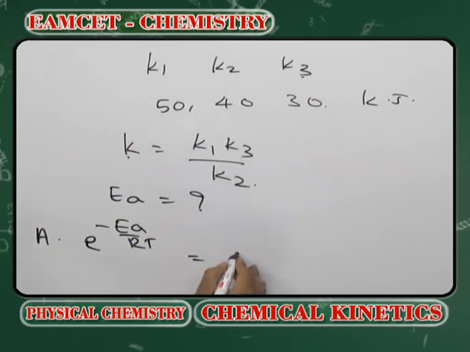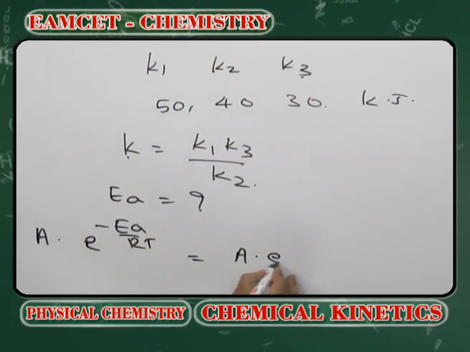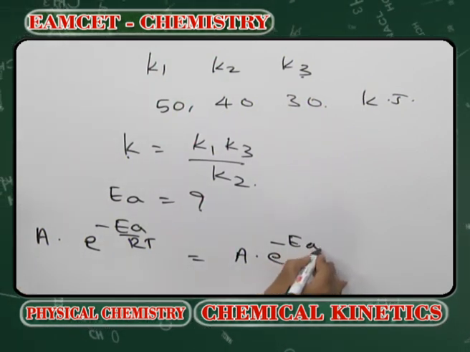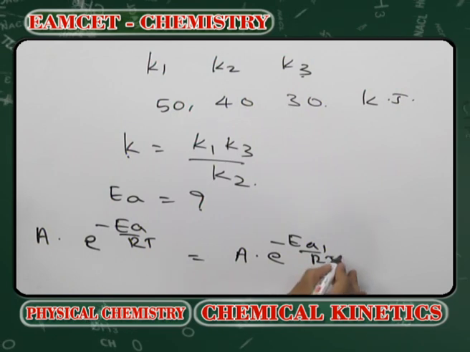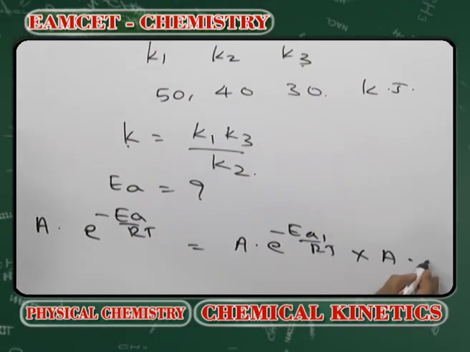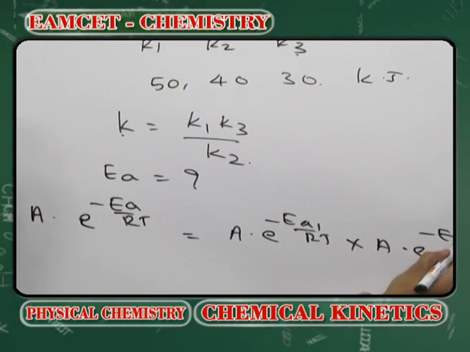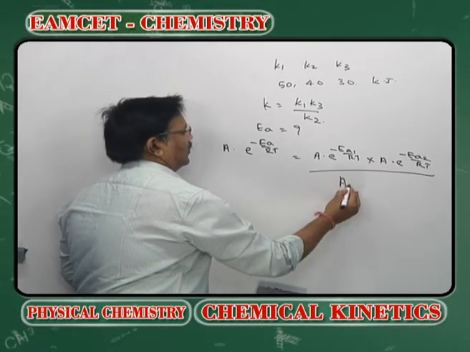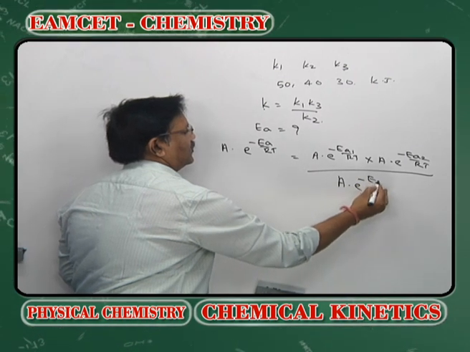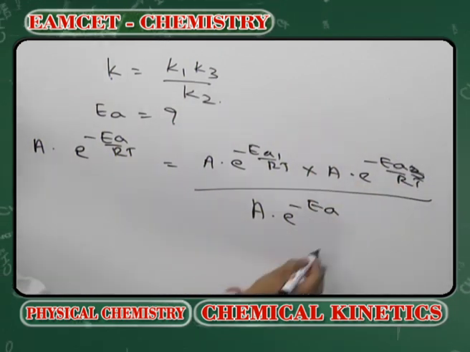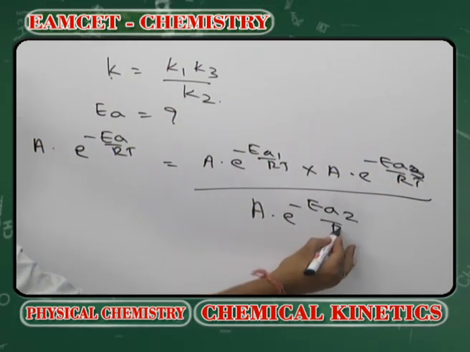So K1 is A into e to the power of minus EA1 by RT, and for the same reaction the A value remains the same, into A e to the power of minus EA3 by RT, divided by A e to the power of minus EA2 by RT.